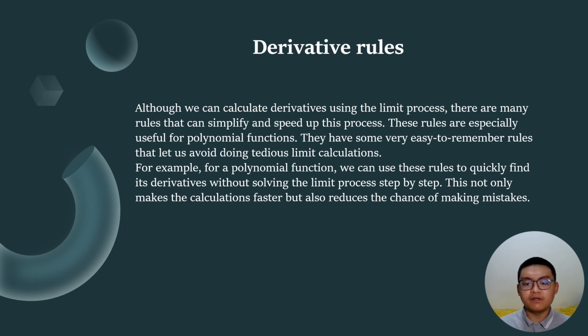For example, for a polynomial function, we can use these rules to quickly find its derivative without solving the limit process step by step. This not only makes the calculations faster but also reduces the chance of making mistakes.